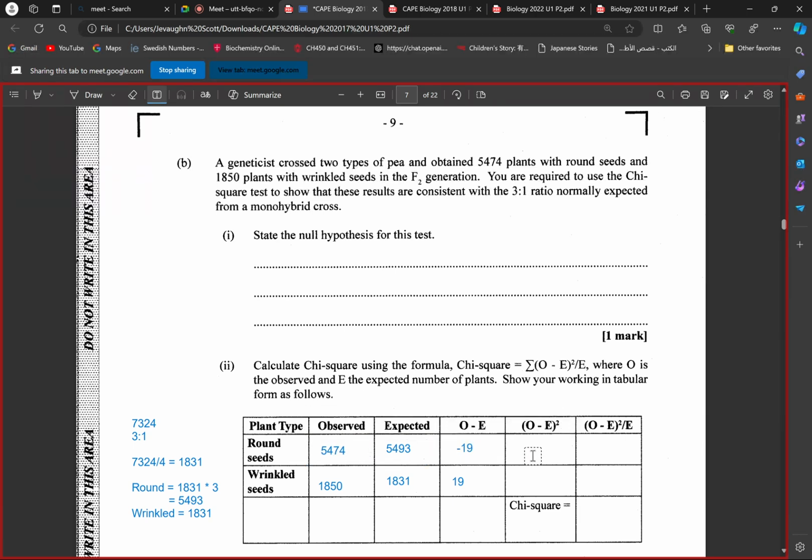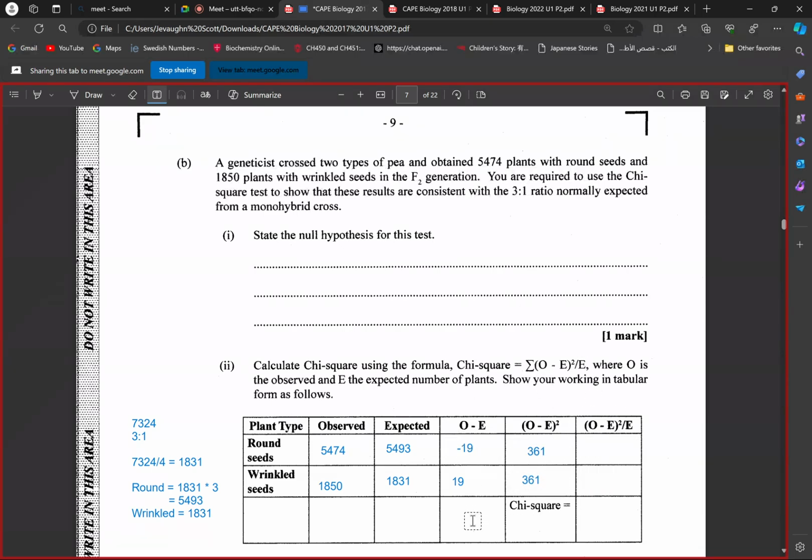All right, lovely. And when we square negative 19, what are we going to get? We're going to get 361, right? And then what we have here is 361. If we square anything, based on the function, it's going to give us a positive integer.